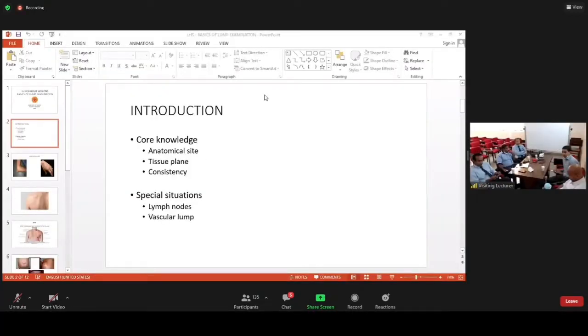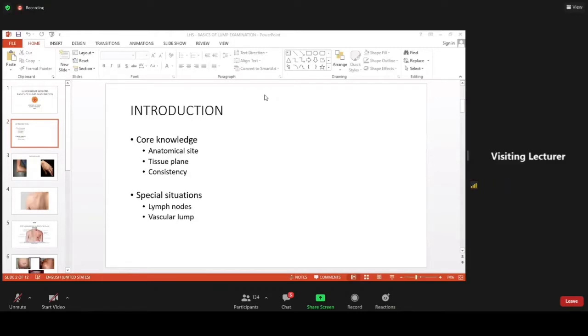Rohan asked a very valid question, because as an examiner, most of the time I come across students who try to stick to that. They come with size, shape, surface. Those things are included here, but the more practical and rational way of approaching a lump is to recognize where it is, the anatomical locality, and the tissue plane, which plane of the body the lump is in.